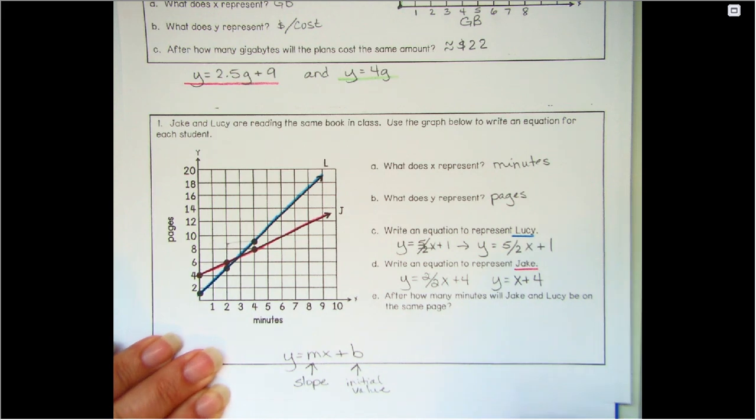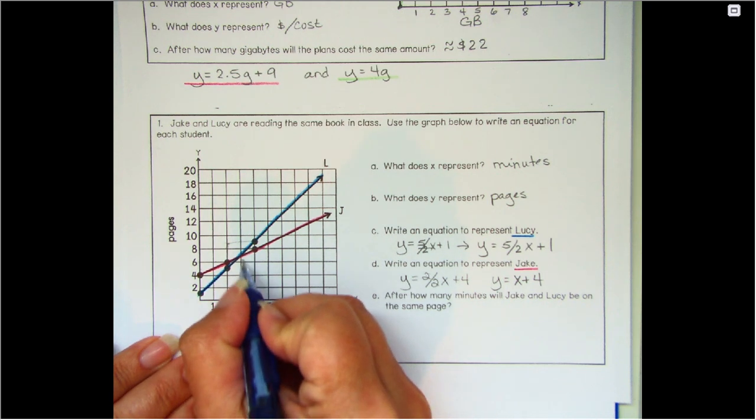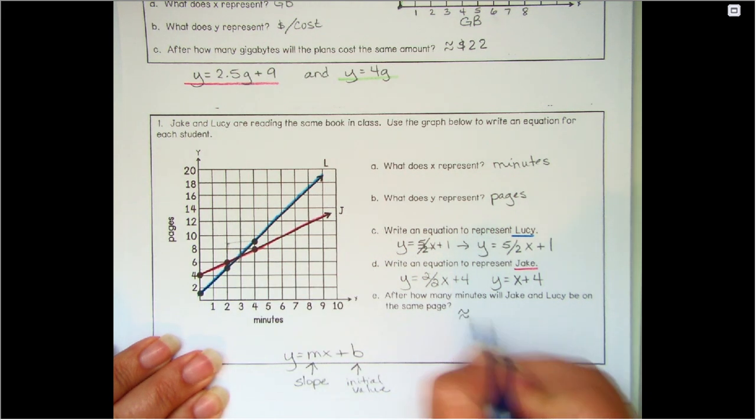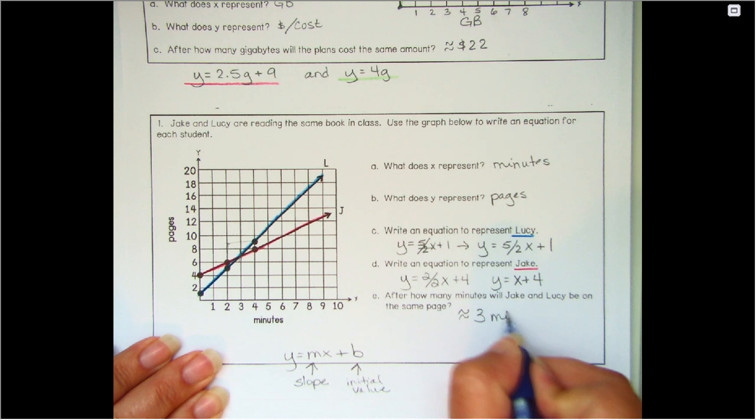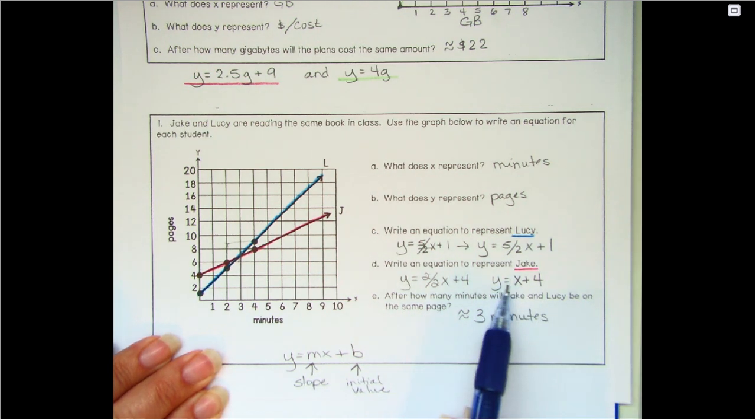Then this asks, after how many minutes will Jake and Lucy be on the same page? Looks like just after or about 3 minutes. Again, with the actual equations, you could find out exactly how many minutes. Maybe it's 2.78 minutes or something.